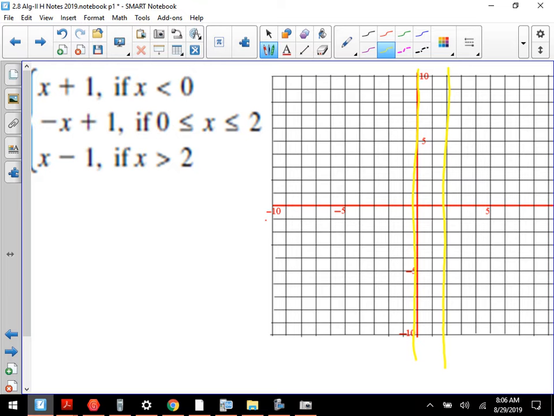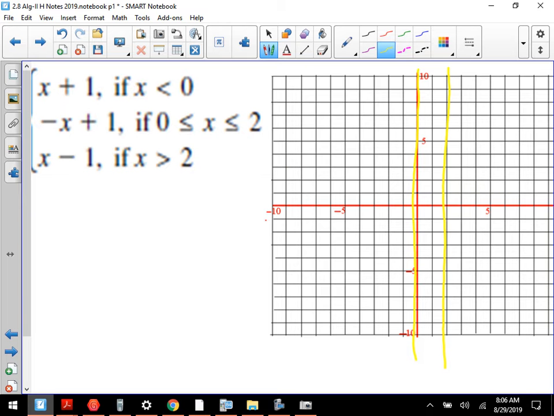All right. So from here, we went through each individual piece and started to graph it. The first graph says x plus 1. Well, what's your slope? What's your y-intercept? Slope is 1. Y-intercept is 1. So we would start there at 1, but immediately I'm on one of those imaginary little lines. So I have to look at the domain restriction. This domain restriction says that this graph is only going to occur for all values of x that are smaller than 0.